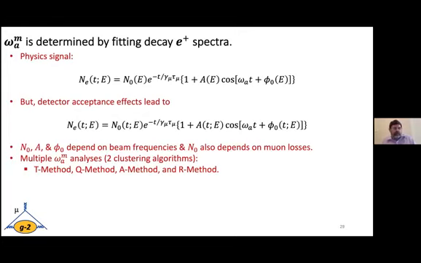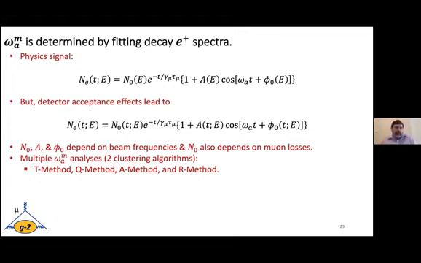But of course, in reality, things are a little more difficult. We have these detector acceptance effects, which turn these 3 parameters into functions of time as well. These parameters end up depending on the beam frequencies of the muons inside the storage ring, and the normalization term also depends on muon losses.